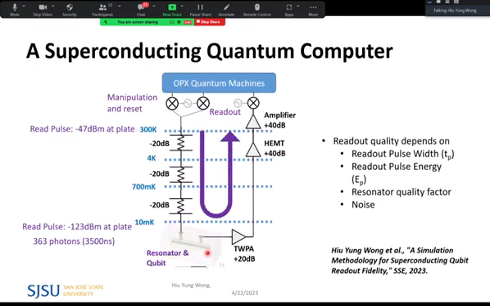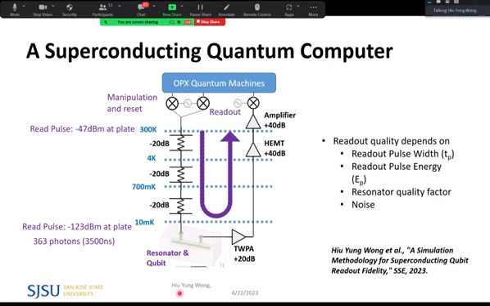Okay, so here I want to talk about how we read out the quantum computer. As an initial introduction, the way we do it is that we shoot a pulse to here. This is a resonator. We are going to detect the pulse. Depending on the resonance frequency, we will have the largest amplitude when the resonance frequency meets our pulse frequency.